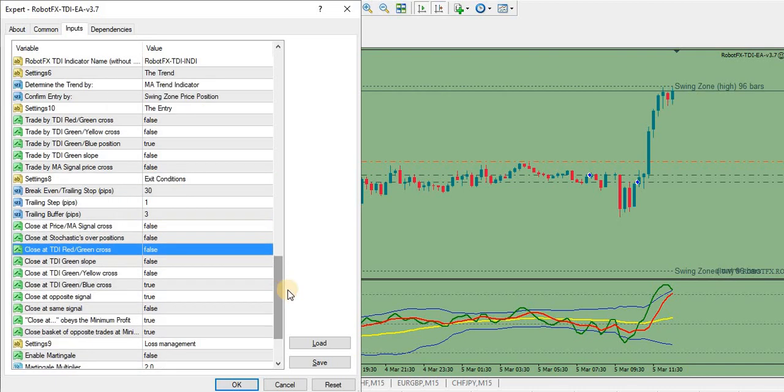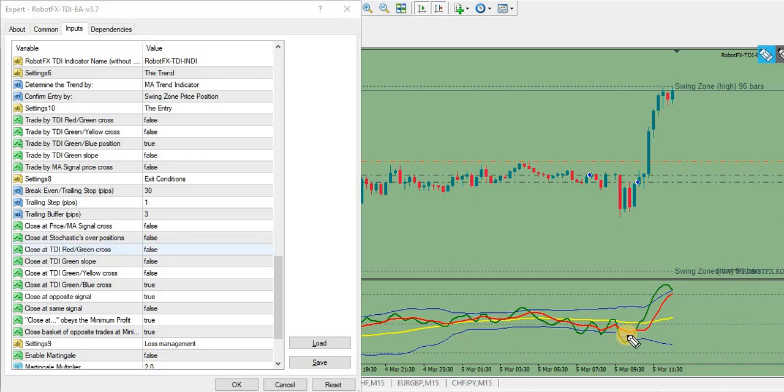So if we are trading with the trend and the green rises above the red, then we have an entry here, a buy, and we will wait for the green to fall behind the red for the expert advisor to close this trade, if we would use this option.